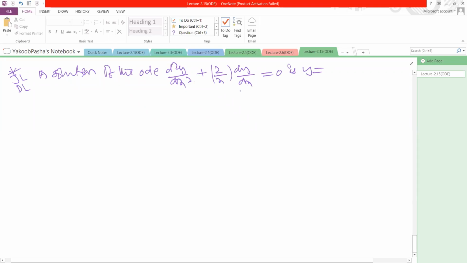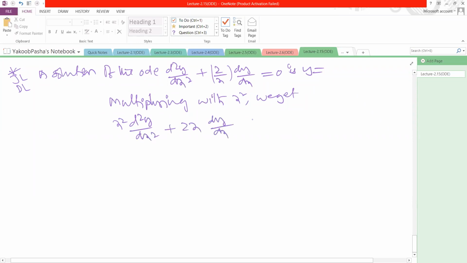So first we have to multiply the entire equation with x square. Then we get x square into d square y by dx square plus 2x into dy by dx is equal to 0. So here x square d square plus 2x into d into y is equal to 0.